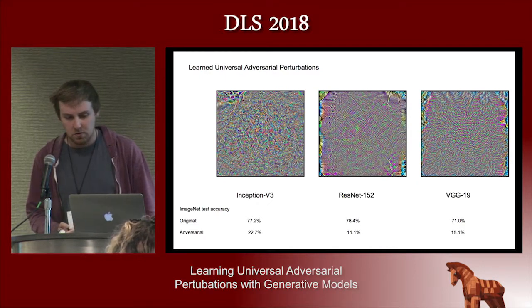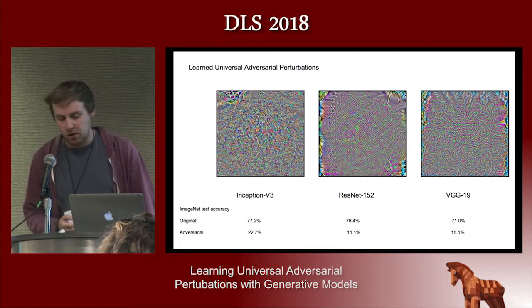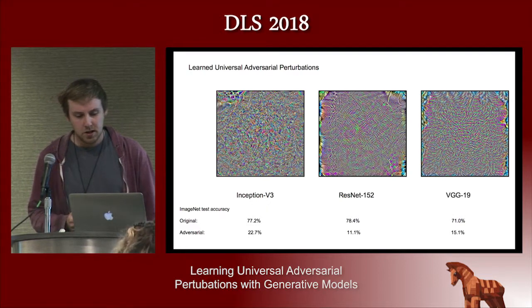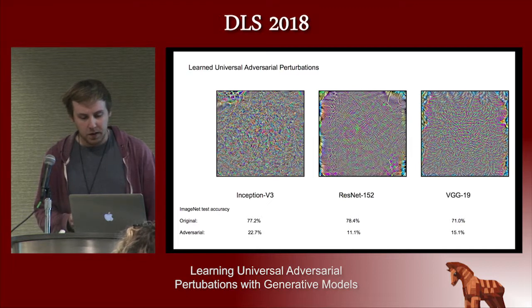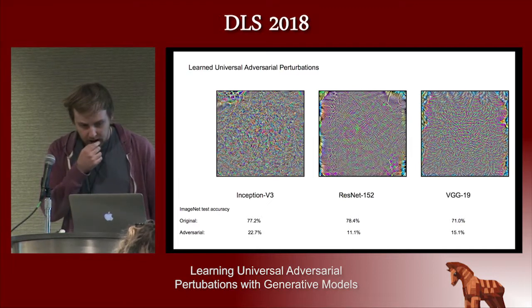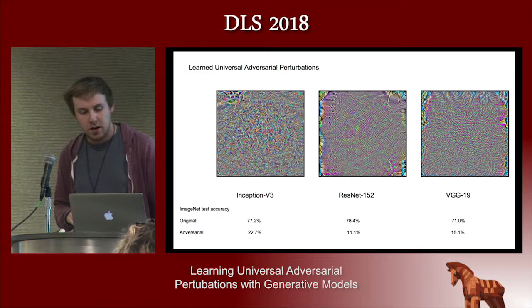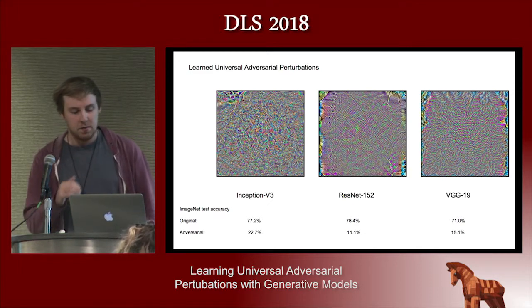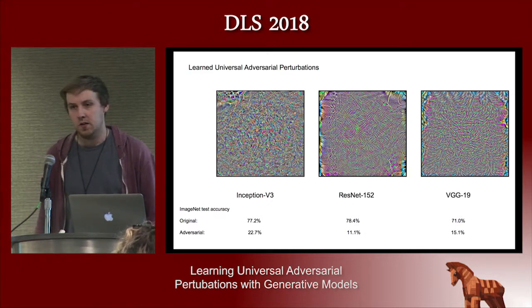These are three UAPs for three different ImageNet classifiers, Inception, ResNet, and VGG, that have been created by this adversarial model. At the bottom is the original ImageNet test set accuracy, and below that is the adversarial example version of that test set.